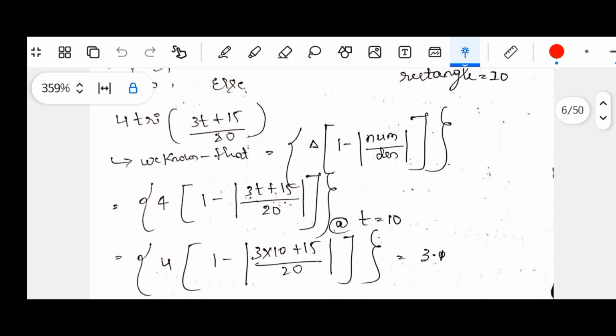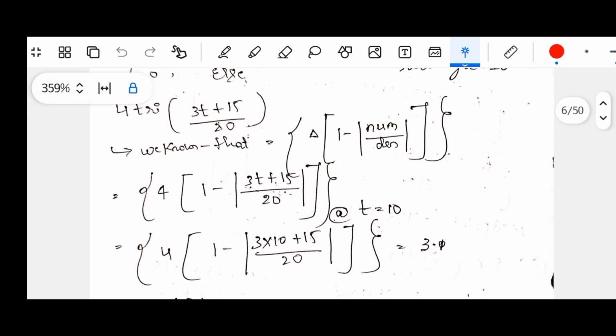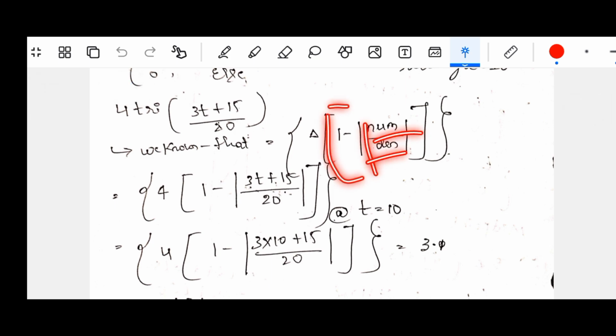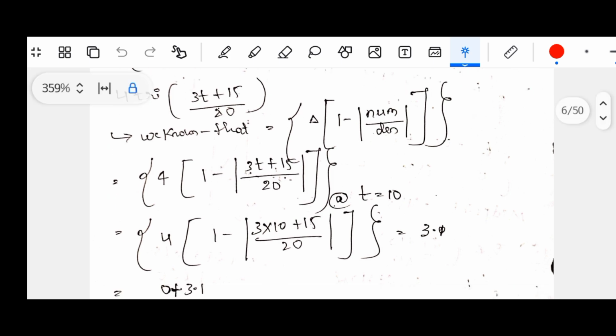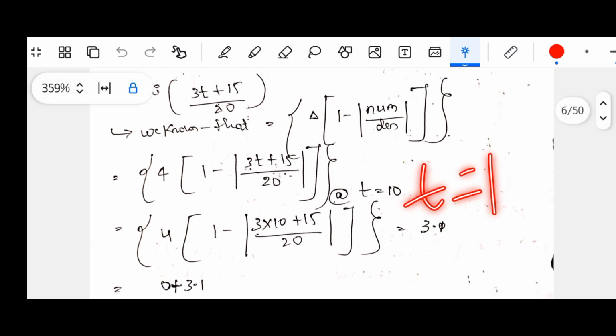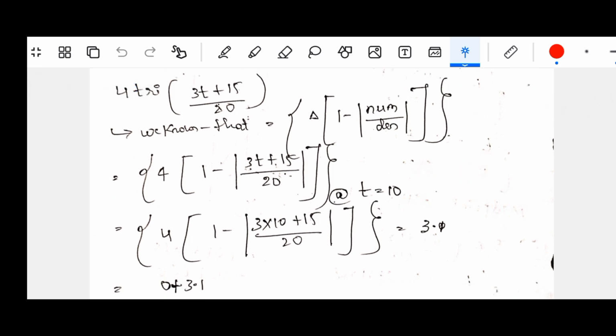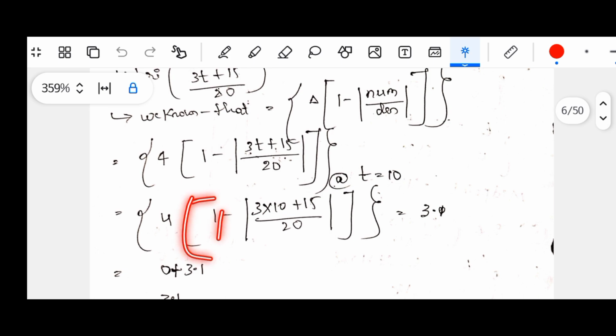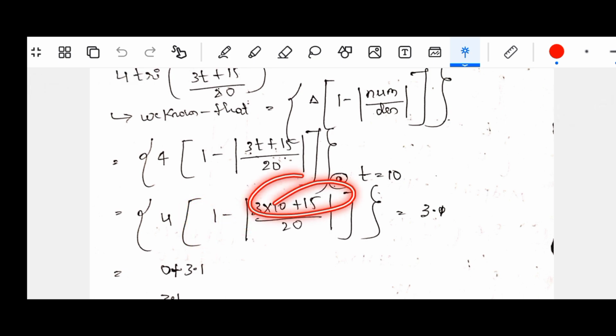At t equal to 10, the rectangle is equal to 0. Next, 4 into triangle of 3t plus 15 by 20. We know the formula: triangle of 1 minus numerator divided by denominator. So 4 into mod of 1 minus numerator 3t plus 15 by denominator 20. Substitute t equal to 10: 4 into mod of 1 minus 3 into 10 plus 15 by 20.